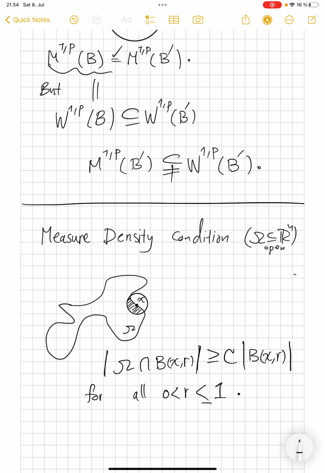So if a domain satisfies this, we say omega satisfies the measure density condition. Let's call it star.